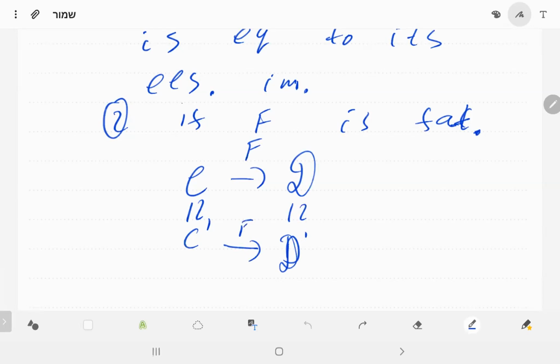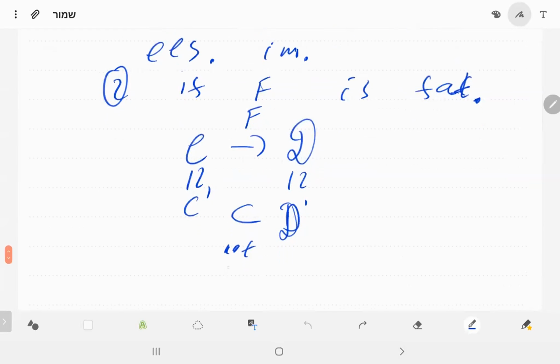Maybe I write it like this. And C prime will be a subcategory of D prime, not necessarily full, and this diagram will be commutative, or in fact commutative up to isomorphisms. So it means that after replacing C and D by some equivalent categories, you can think about C as a subcategory of D and your functor just as a standard embedding.